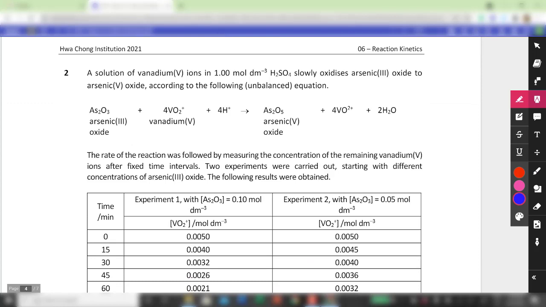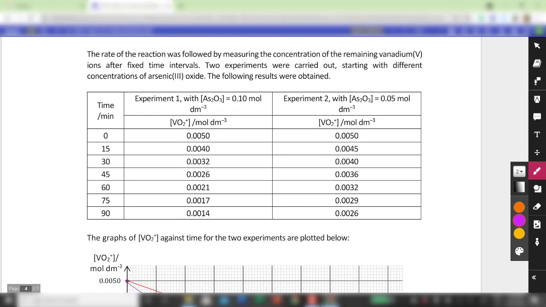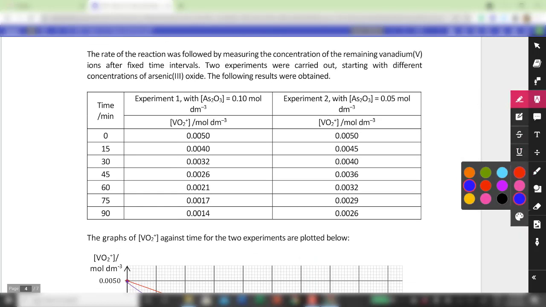So for question 2, we have vanadium ions in 1 mole per dm cube of H2SO4 oxidizing arsenic 3 oxide to arsenic 5 oxide according to the given unbalanced equation. Then you notice that there are 2 sets of experiments being performed. Take note that for both experiments, the arsenic 3 oxide concentration is 0.10 for experiment 1, and 0.05 for experiment 2.